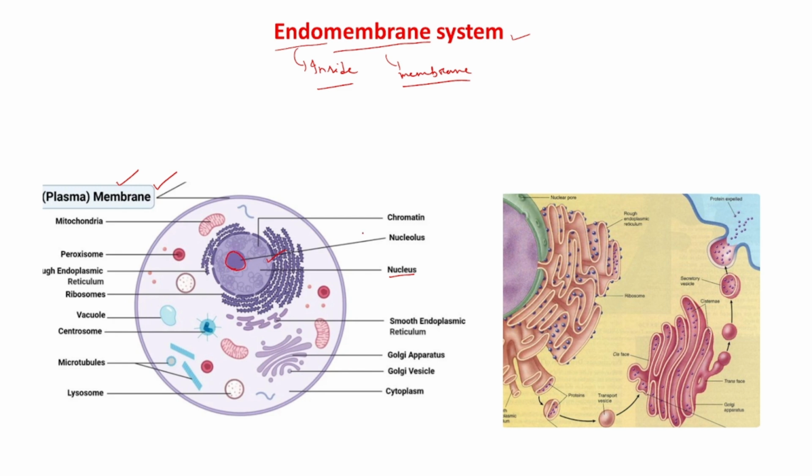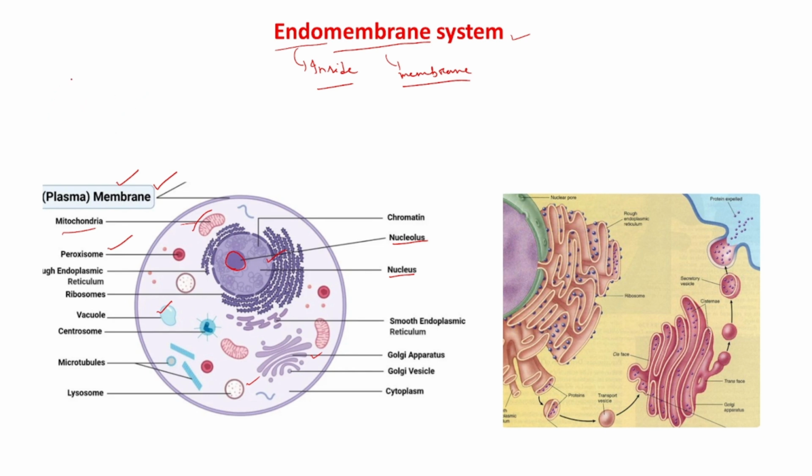This is the mitochondria, this is the peroxisome, this is the ribosome present on the endoplasmic reticulum, this is the vacuole, this is the lysosome, and this is the Golgi complex.